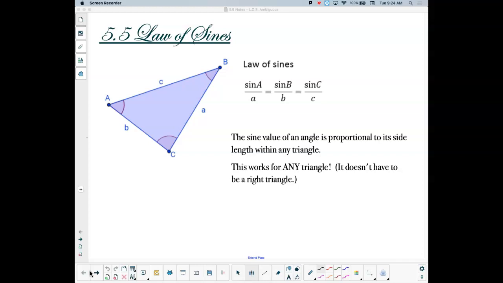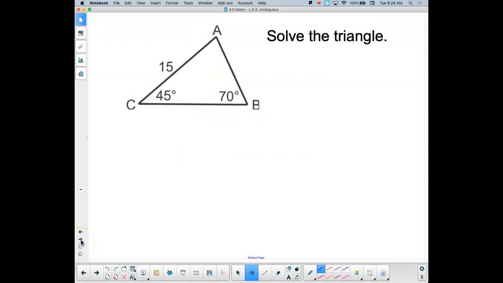So, what I would like you to do now is remember the law of sines and solve this particular triangle. Let's see, so this angle up here is going to be 65 degrees.